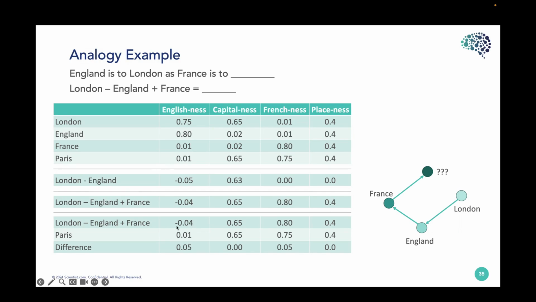And what we're left with is negative 0.04, 0.65, 0.8, and 0.4, which is very close in vector space to Paris. In fact, if I were to subtract Paris from this resulting vector, you get 0.05, 0, 0.05, and 0, which is very close in vector space.